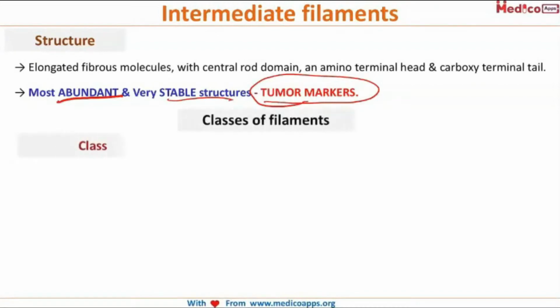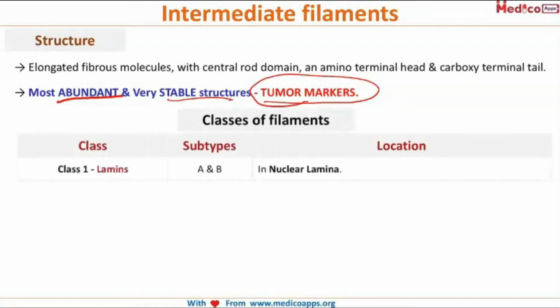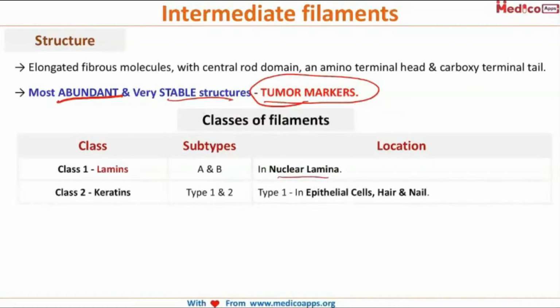Before that, there are certain classes of intermediate filaments. Class 1 is lamins, present in the nuclear lamina, keratins, present in the epithelial cells, hair and the nails as the name suggests.